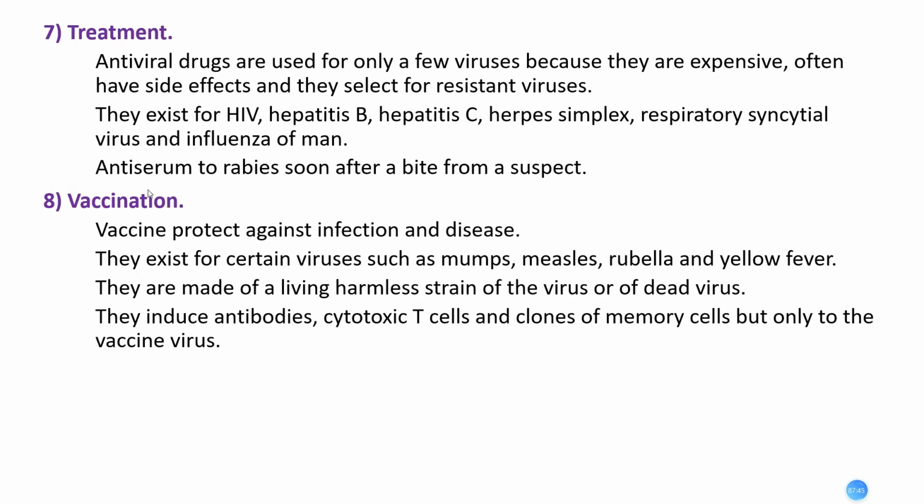Okay, the next is treatment. Sometimes with virus infection, treatment is the last thing you want to think about. Because usually, especially for new outbreaks of some viral pathogen, you actually don't have the medicine available. So treatment is the last thing you want to think about.